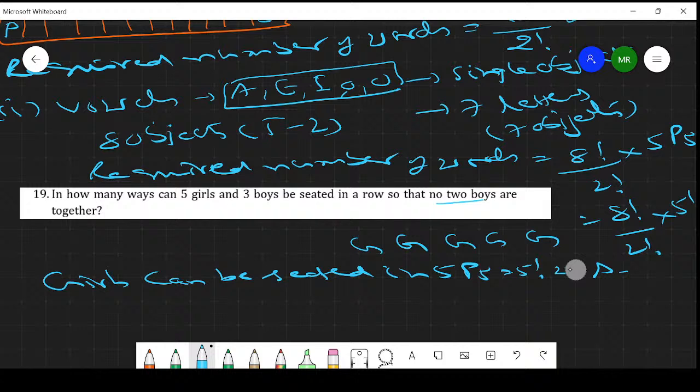They can sit in 5 factorial ways. But now boys should not come together. Boys I can arrange in between. You can see these places for boys, I can arrange the boys only here. This is the place I can arrange boys. They should not come together, right?